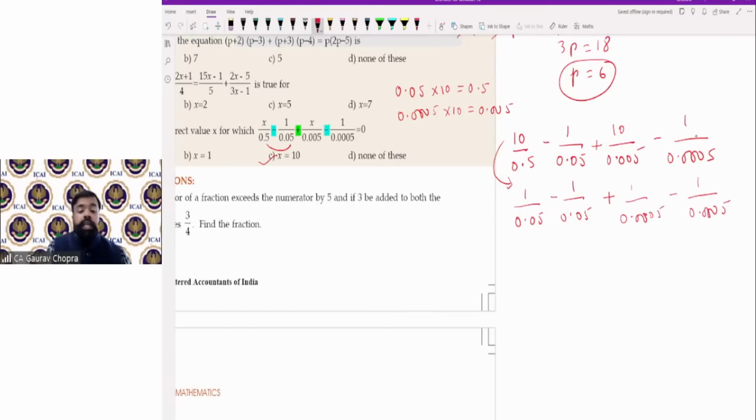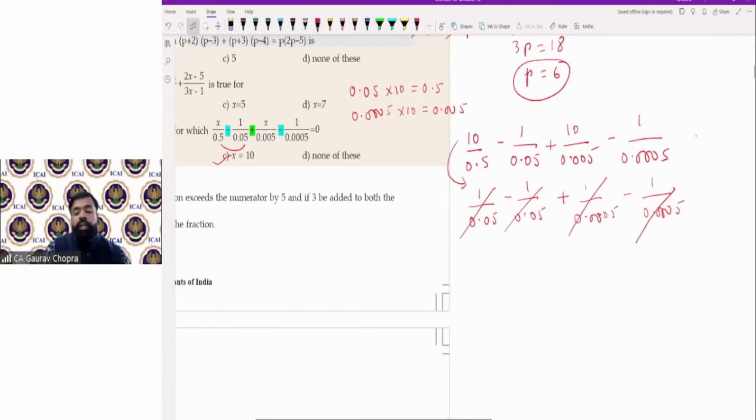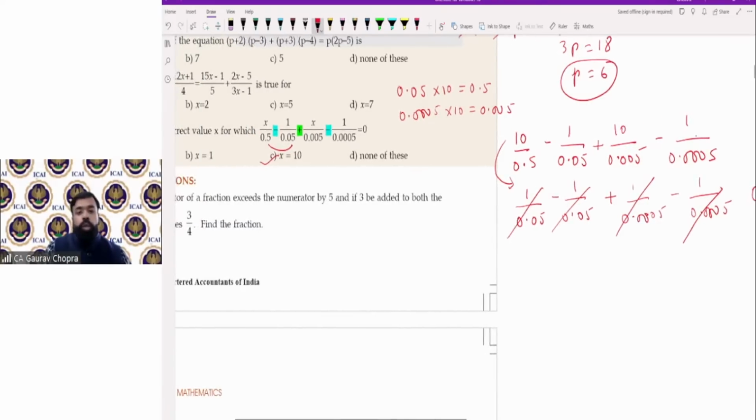You can see that one value is positive and the other is the same but negative. Again positive and then negative. So it will get cancelled and ultimately the result will be 0. Therefore, option C is correct. So always in such cases, you have to solve by substituting the values. It is very easy.